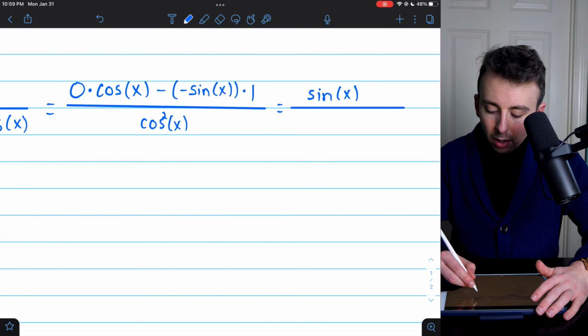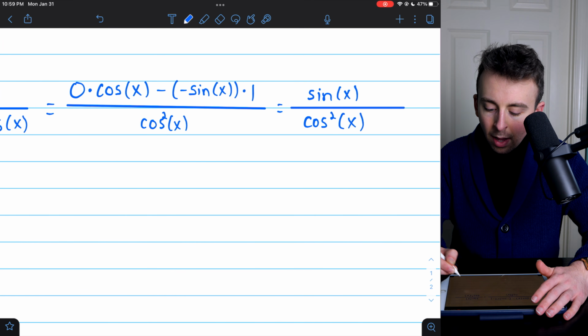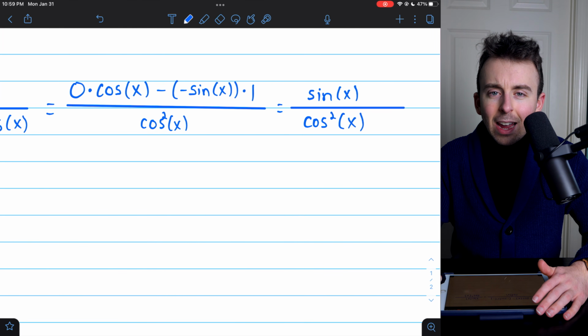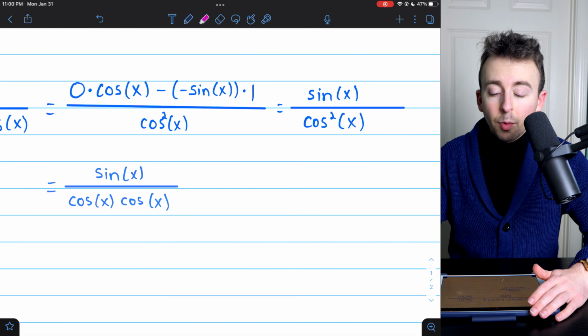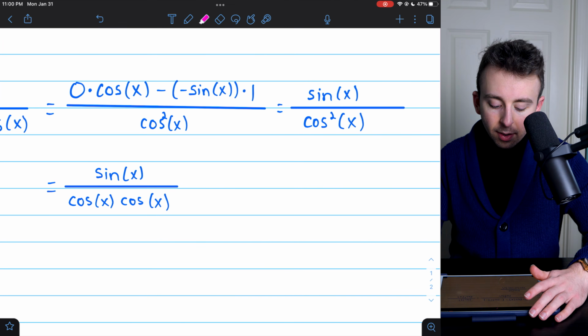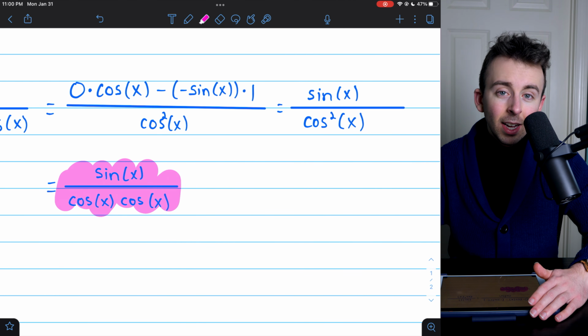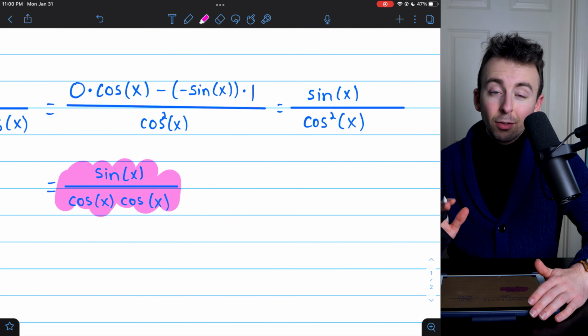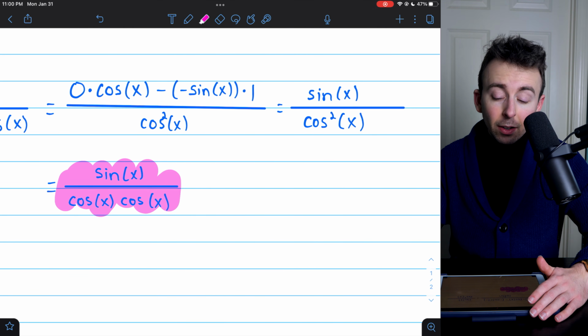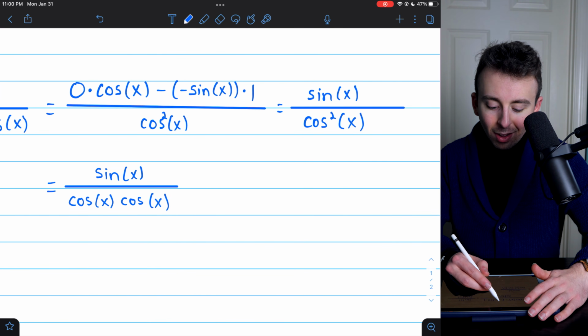That's being divided by cosine squared there in the denominator, and just a little bit more simplification we can do here. I've rewritten sine over cosine squared as sine over cosine times cosine. It's the same thing, just want to make it super clear that we've got two factors of cosine in the denominator. And now we can finish this off.